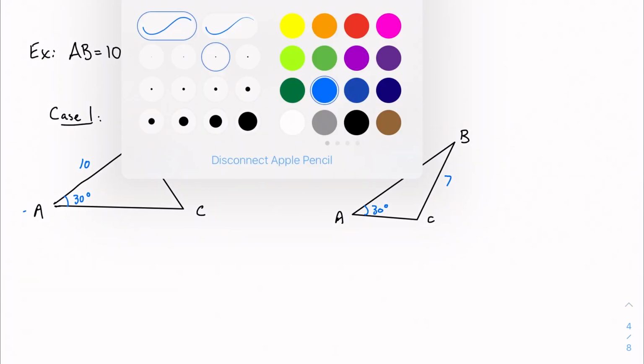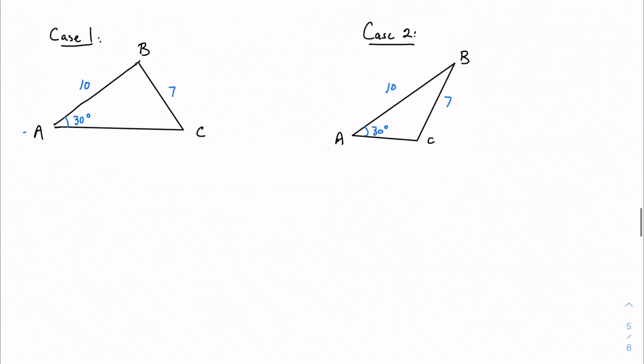So if we go about solving this like normal, if I look at my case 1 first and I were to solve this, I would start with my law of sines. It's probably logical to start with my angle C. So I would say sine 30 over 7 is sine C over 10. And I would just multiply by 10.